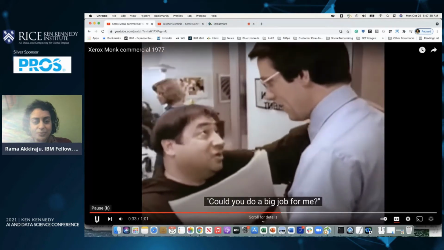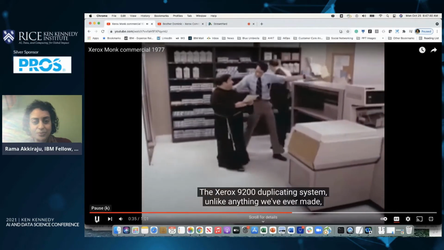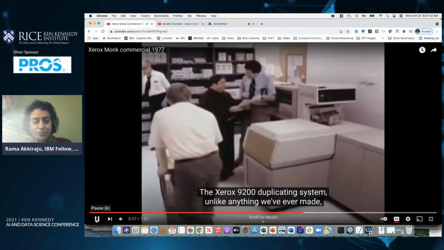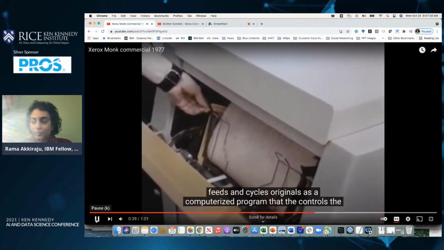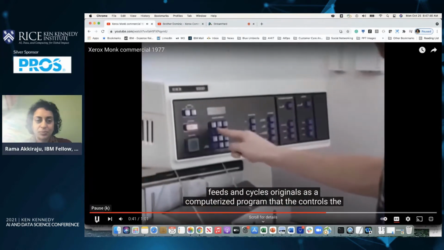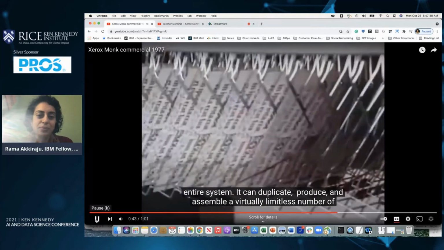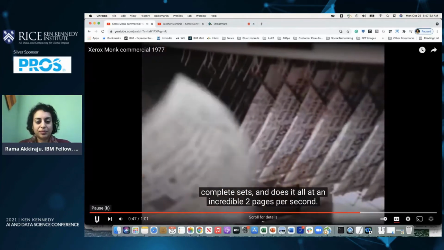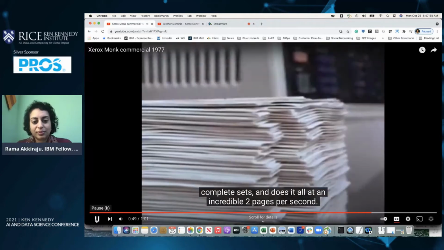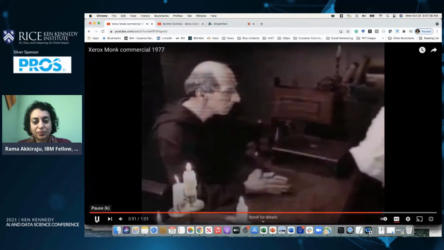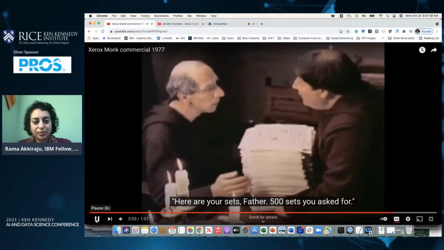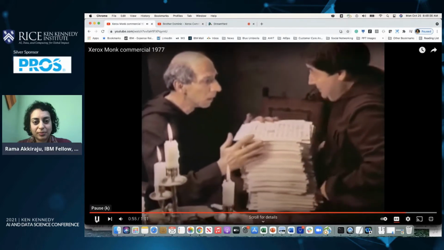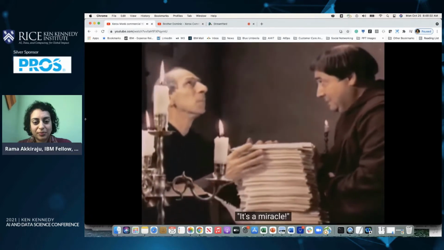Could you do a big job for me? The Xerox 9200 duplicating system, unlike anything we've ever made, feeds and cycles originals, has a computerized programmer that controls the entire system, can duplicate, reduce, and assemble a virtually limitless number of complete sets, and does it all at an incredible 2 pages per second. Here are your sets, Father. The 500 sets you asked for. It's a miracle.